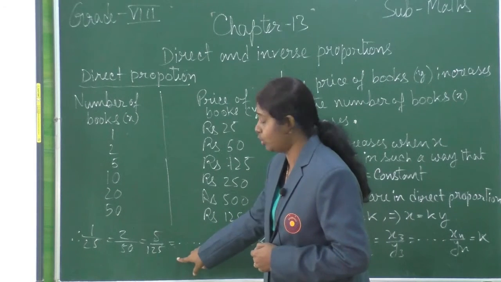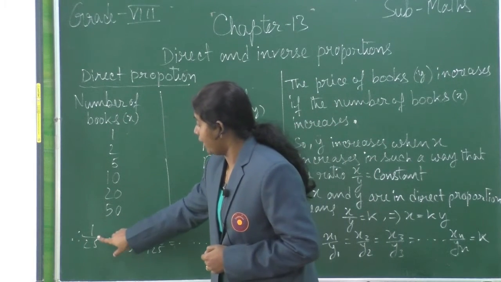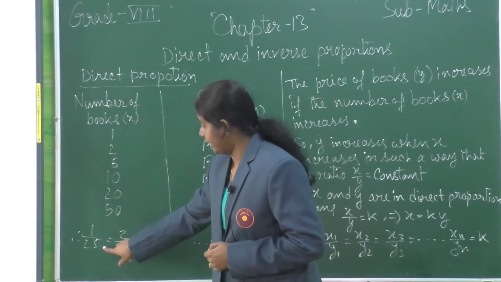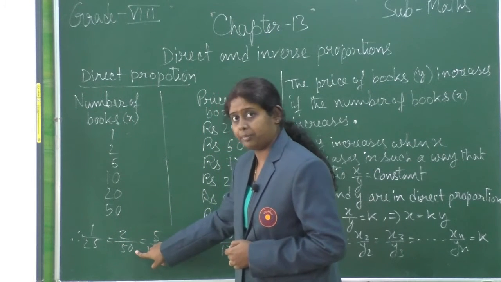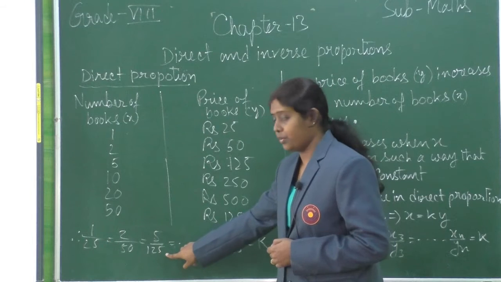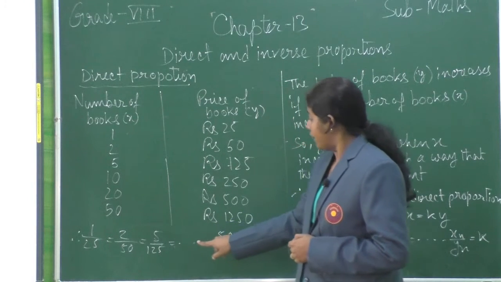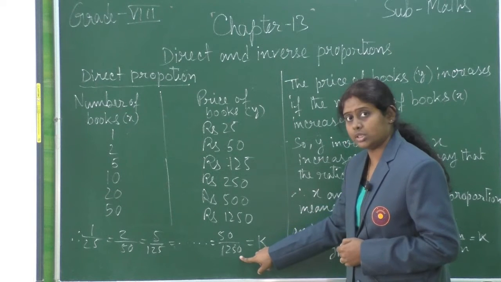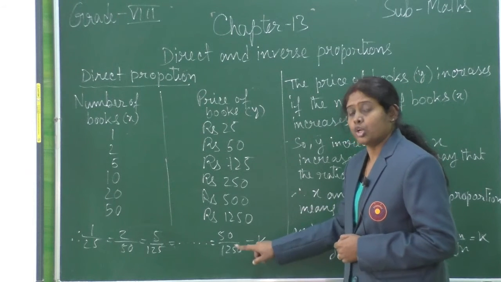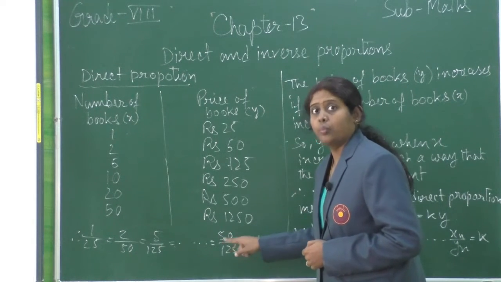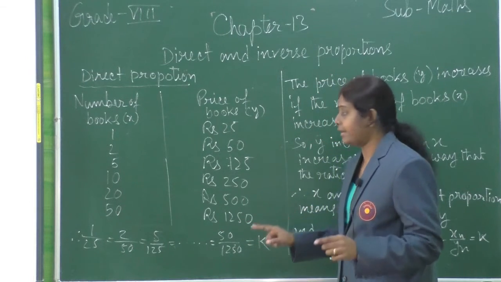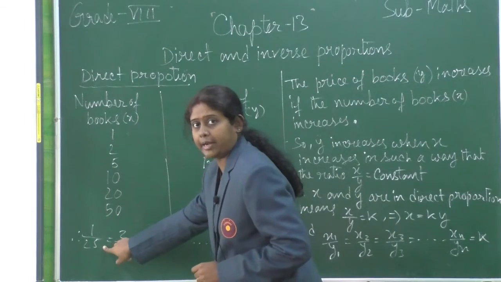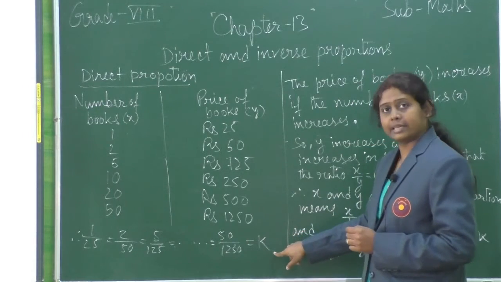Look here: 1 by 25 is equal to 2 by 50 is equal to 5 by 125, and so on up to 50 by 1250. So all the ratios will be the same. What is that? 1 by 25, which we can take as K.